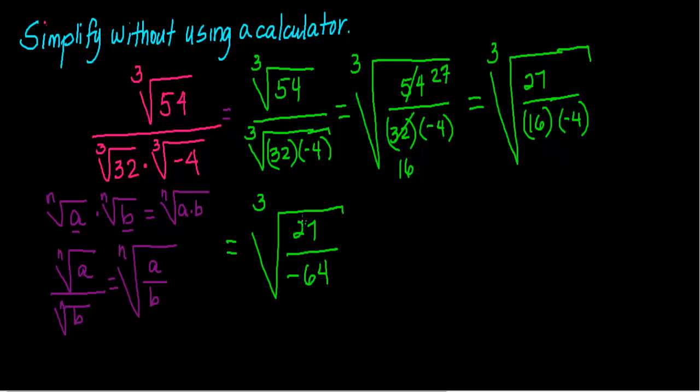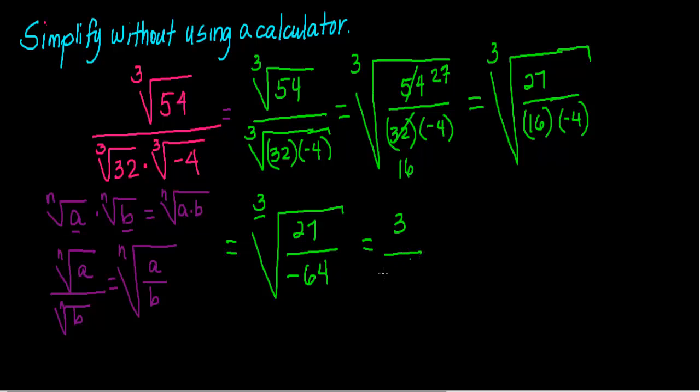And now I'm lucky, 27 is a perfect cube. What number do I multiply by that same number 3 times and I get 27? The answer is 3. 3 is the cubed root of 27 because 3 times 3 times 3 is 27.